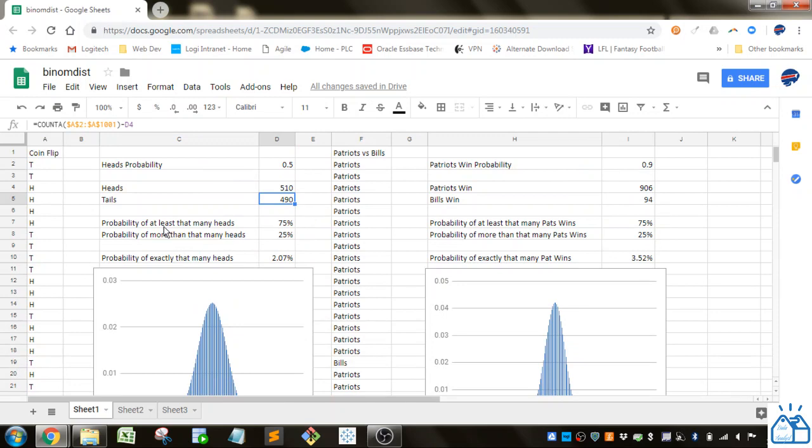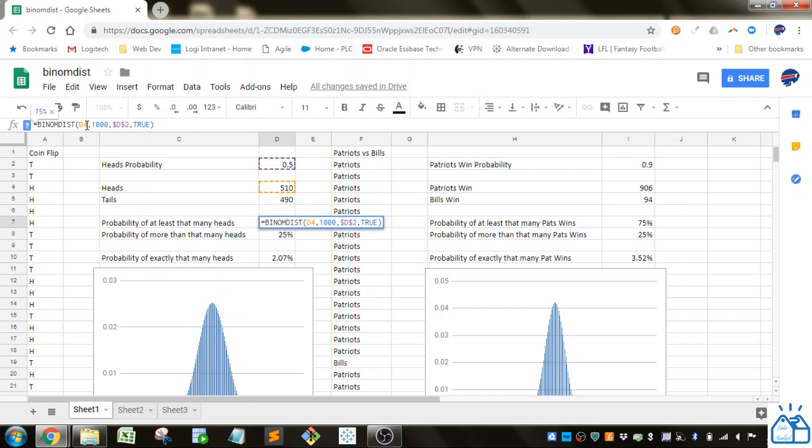If we want to calculate the probability of getting at most that many heads, so if we did this simulation over and over again, each time doing it 1,000 times, how much of the time would we get 510 heads or less? That's 75%. And we calculate that by using the BINOM.DIST function in Google Sheets.